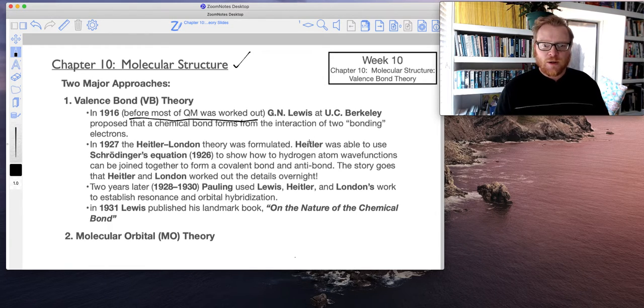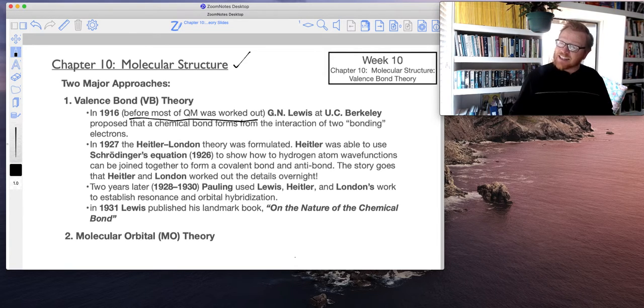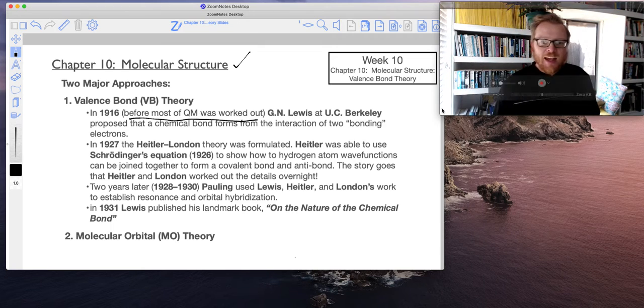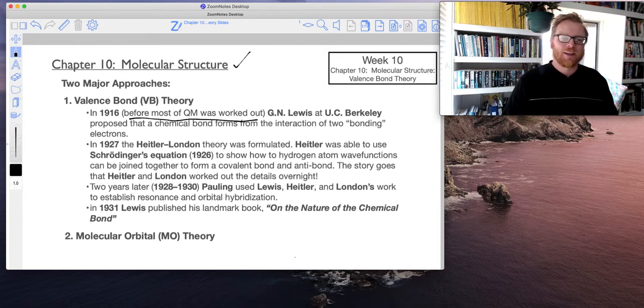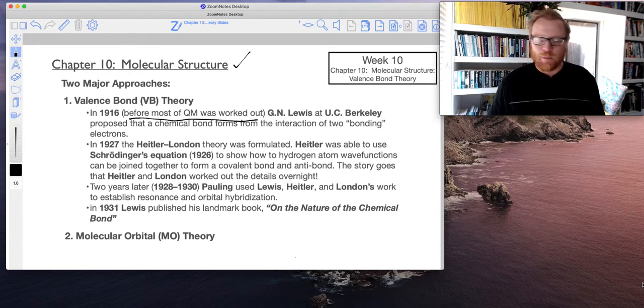Heitler was able to use Schrodinger's equation from 1926, just literally 1 year later, and he was able to show how two single hydrogen atom wave functions could be joined together to form a covalent bond and an antibond, okay? And the story goes that Heitler and London worked out these details overnight upon reading Schrodinger's paper. Like instantly they were like, this is a hit. We can do this. Let's make up chemical bonds.